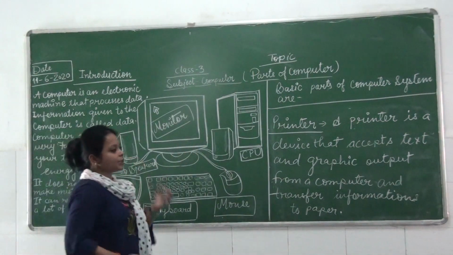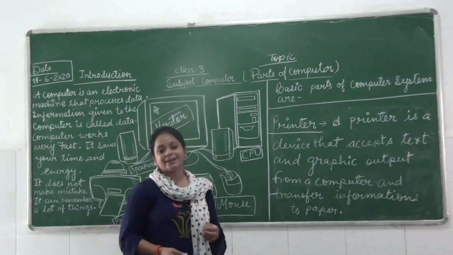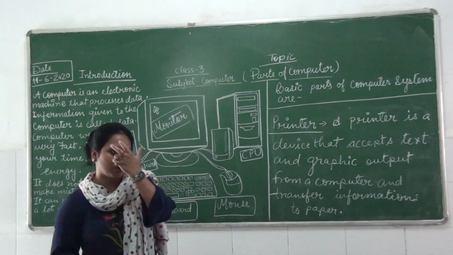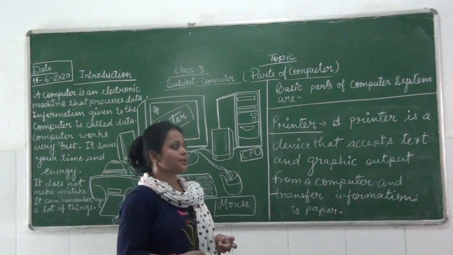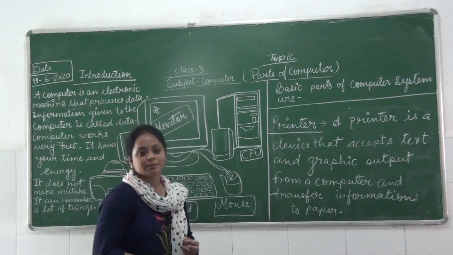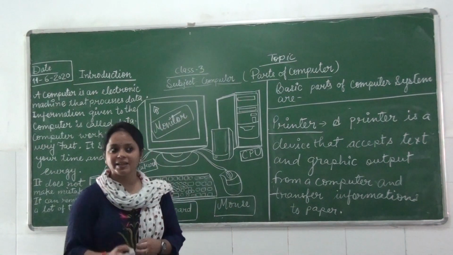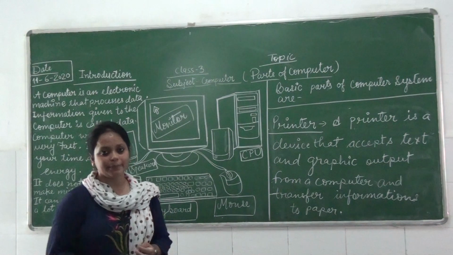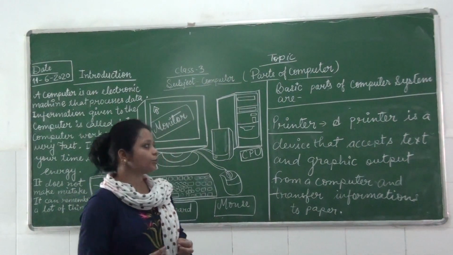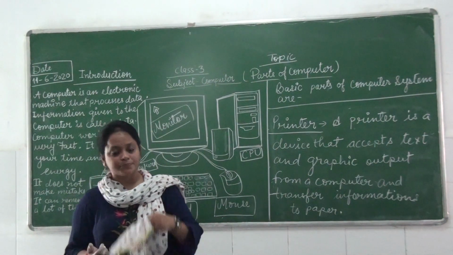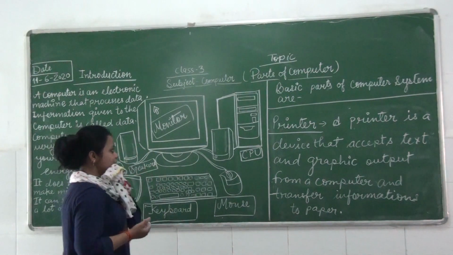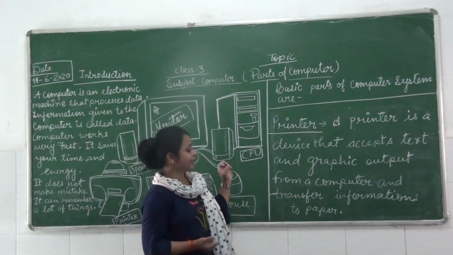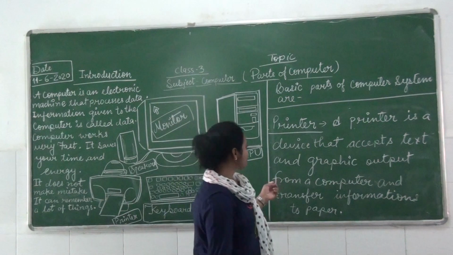So whatever we take in text mode or printing sheets, we use a printer. If we are doing any academic work, school work, we need to take those sheets on paper, so we use a printer for printing. It is an output device.